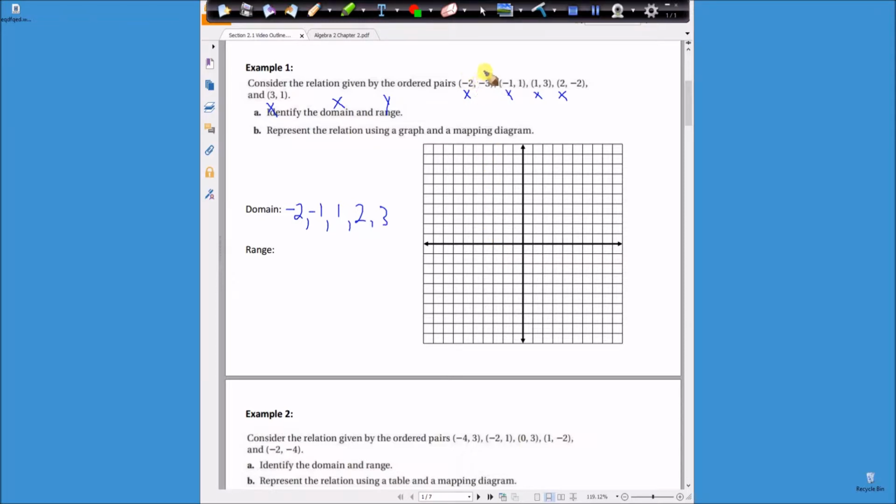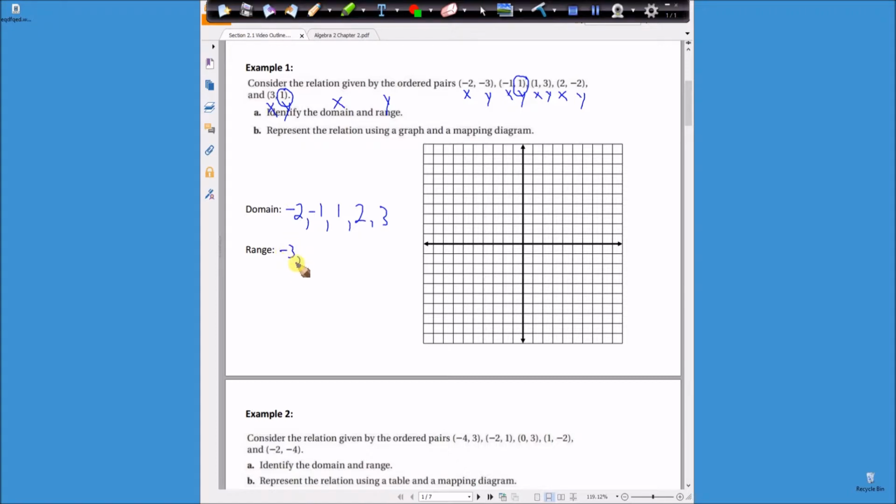And for range, we're looking at the second number in the ordered pair, which is usually what we call Y. For range, we list the numbers, and we try not to repeat any. You can see here we have 1 that's repeated twice, so you don't have to write it twice, you just write it once. And we try to keep the numbers in order as they would be on a number line, from small to big.